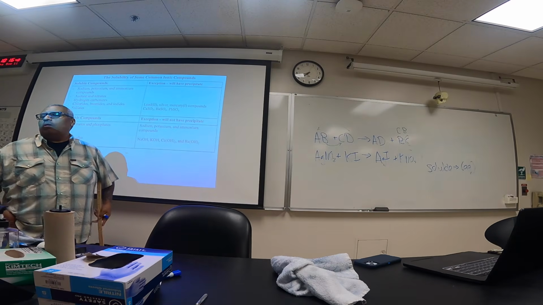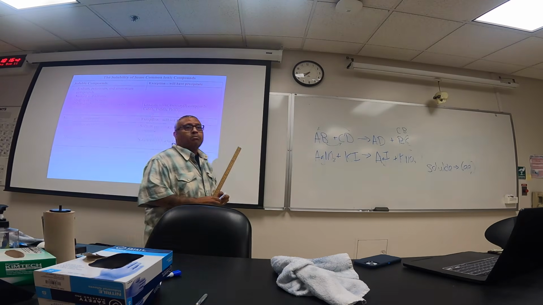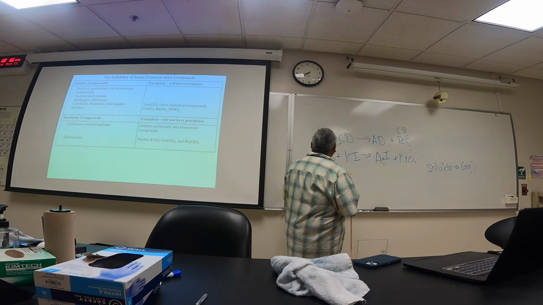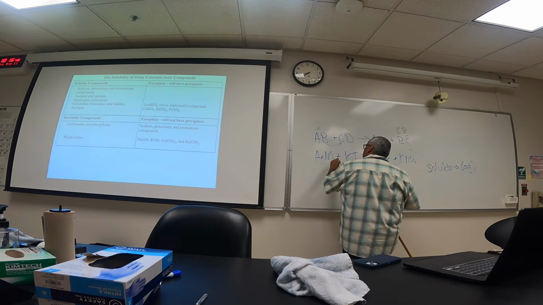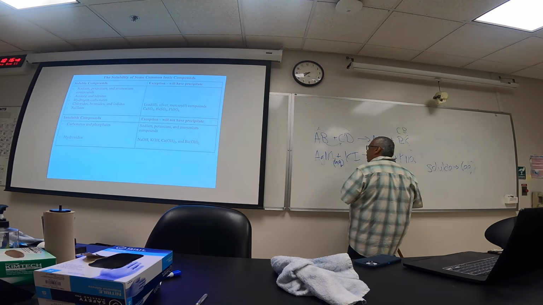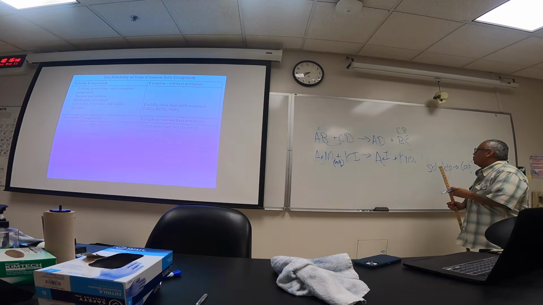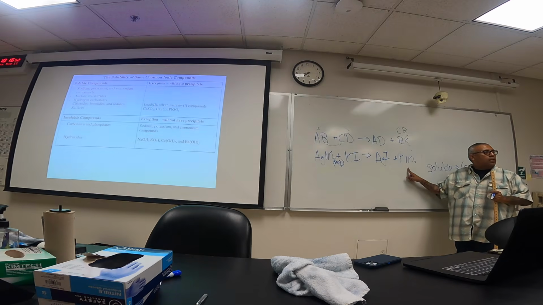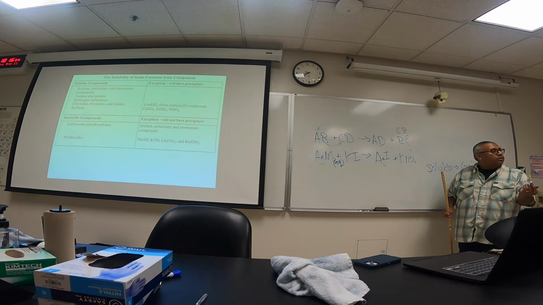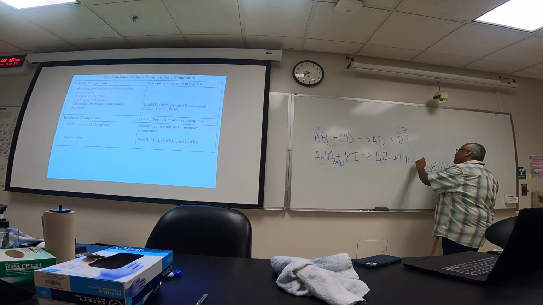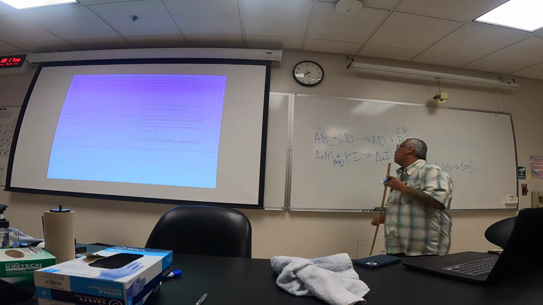No. It doesn't matter what it's with, nitrates are always going to be aqueous. So is this aqueous or is this solid? Aqueous, because it's nitrate. So we can designate this as being aqueous.